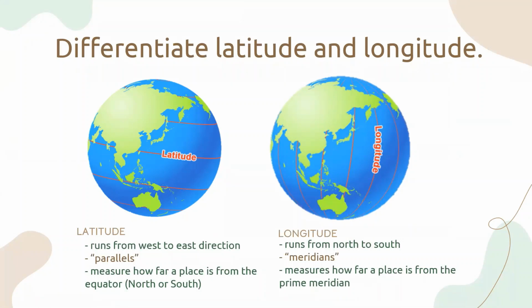On point. Latitude runs from west to east, while longitude runs from north to south. Latitudes are also called parallels and measure how far a place is from the equator, while longitudes are meridians and measure how far a place is from the prime meridian.